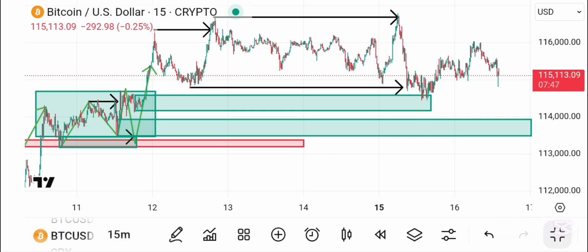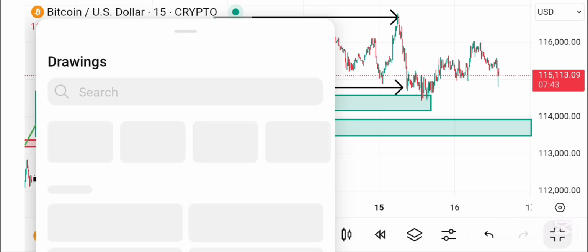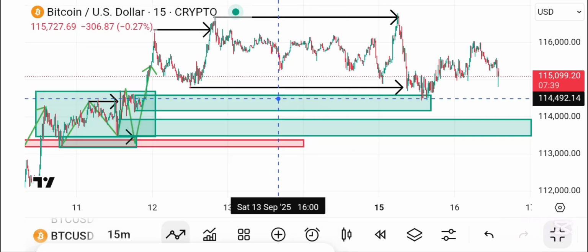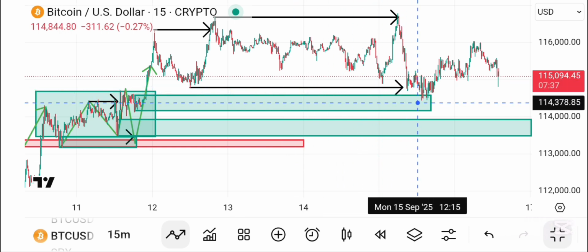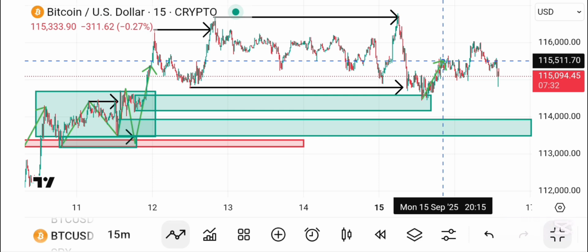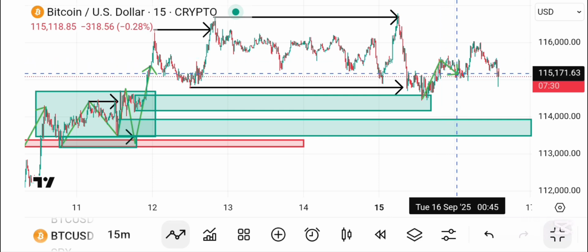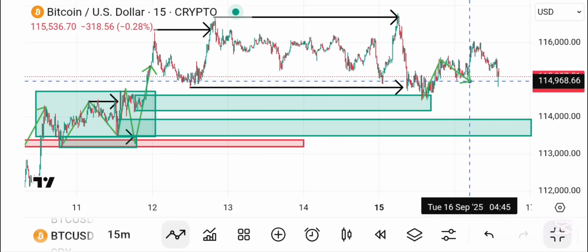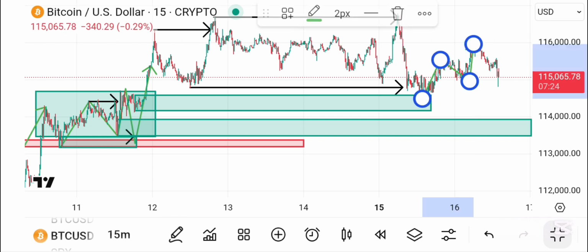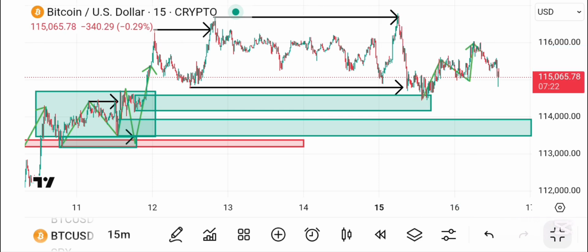So this is a simple way to map out your demand zone in case of an uptrend. This move is a very well-known move in the market. It is the retracement move. It's mostly like this. It has a wave, like the ABC kind of move, if you remember.